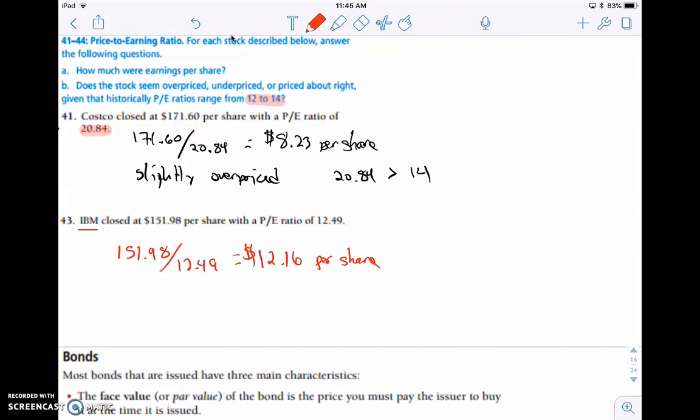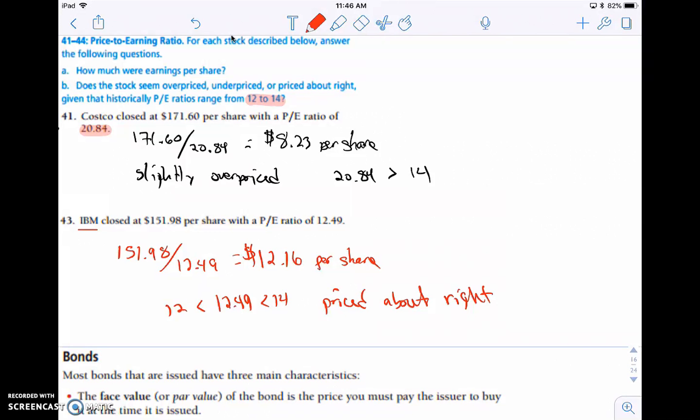And then when we compare the price to earnings ratio, we have 12.49 is what it is right now. And that falls in the range, so it is between 12 and 14. So it's bigger than 12, but it's less than 14. So this means that this is priced just about right based off of the historical data that we have for IBM.